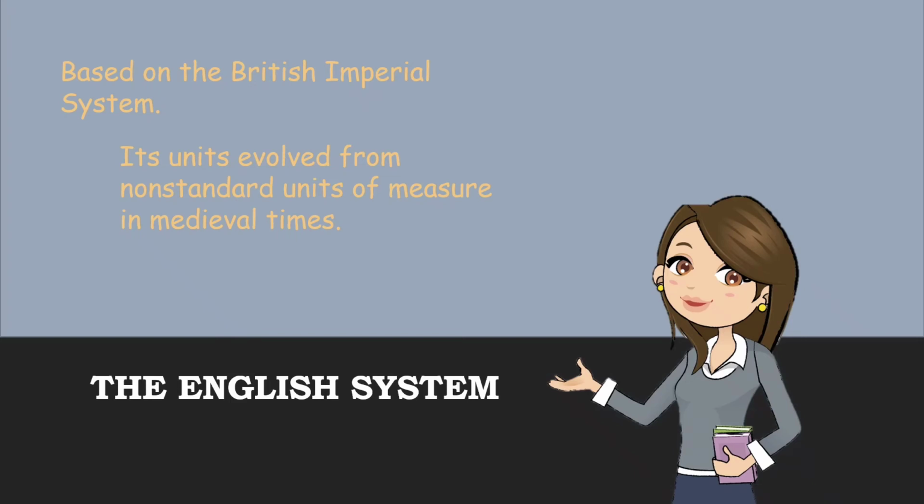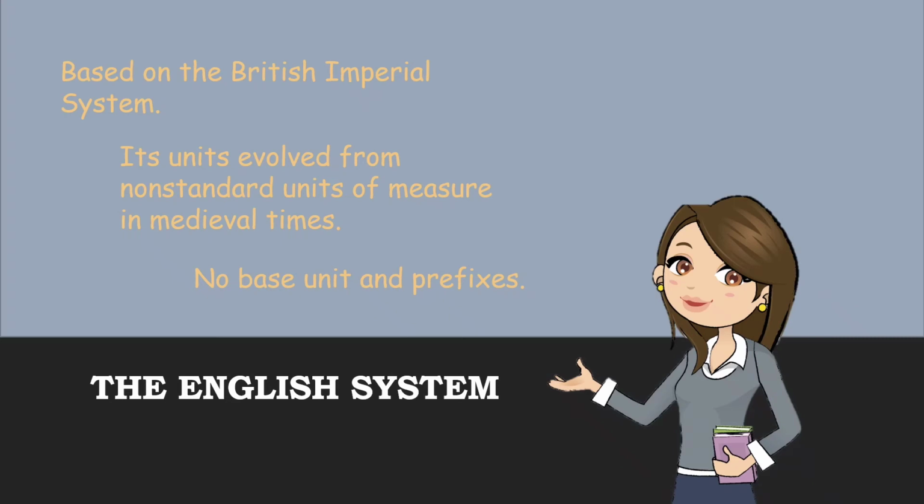Pareho ng kamay, braso, paa, at iba pa. Then there is no basic unit and prefixes. Because in English system, you have to memorize the equivalence ng mga conversion to convert from English to English. Unlike metric, because they have prefixes that tells you whether the value is big or small.